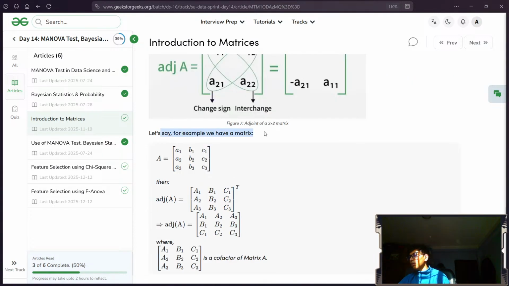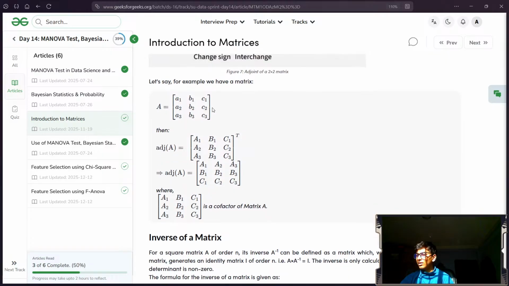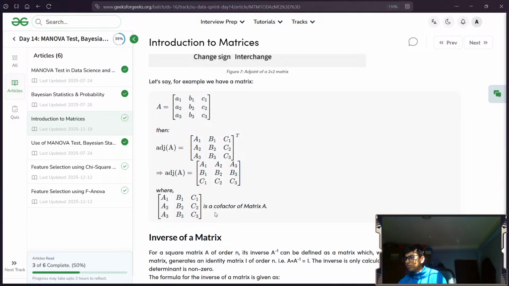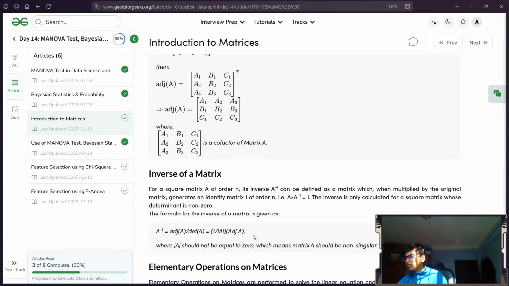Let's say, for example, we have a 3 by 3 matrix, then we can just transpose. Okay, transpose of the cofactor of a matrix. So if we transpose, this is the cofactor matrix.